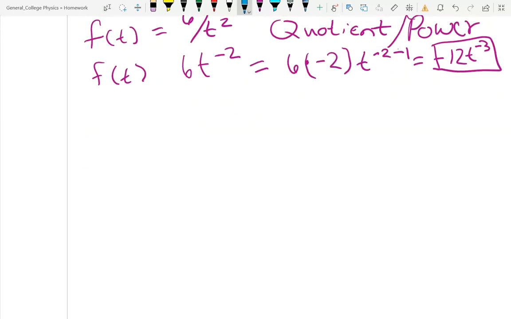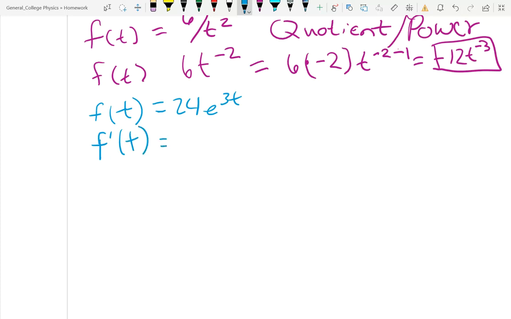All right, we have f of t is equal to 24 e to the 3t. That's our original function. And so from there, this is f prime of t.